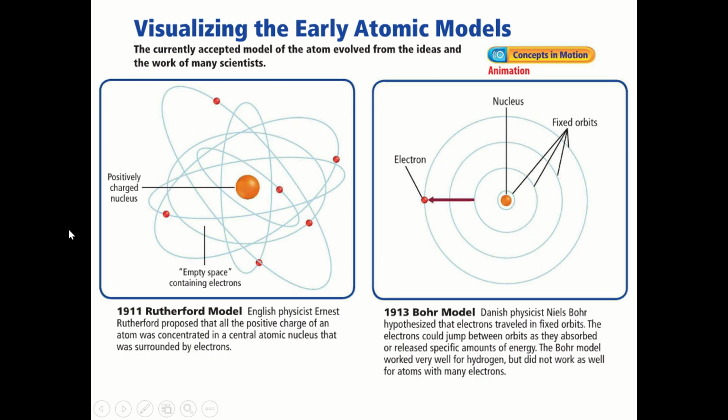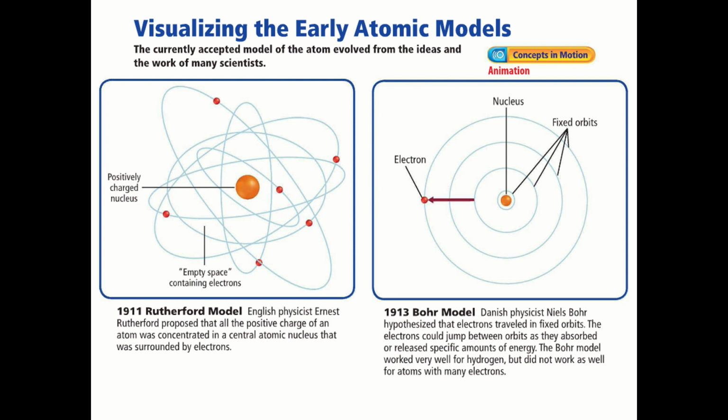Now, after that, another scientist, his name is Rutherford. And Rutherford, if you remember, he is the one who did the Rutherford experiment, the gold leaf experiment, when he shined alpha particles on the gold leaf, and he noticed that most of the alpha particles were able to pass through the gold leaf, but some of them were reflected back.